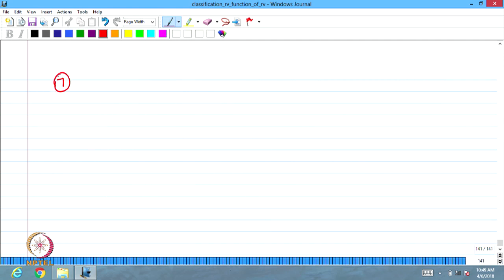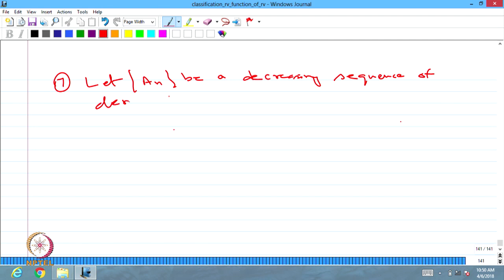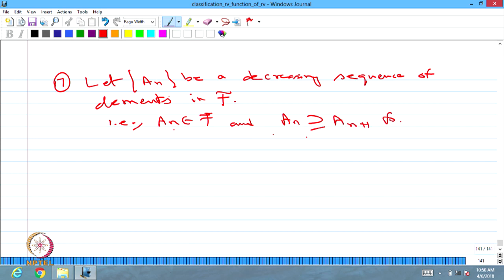So the next result, or next property, is: let A_n be a decreasing sequence of elements in F, that is, A_n belonging to F, and it satisfies A_{n+1} contained in A_n for all n equal to 1, 2 and so on.